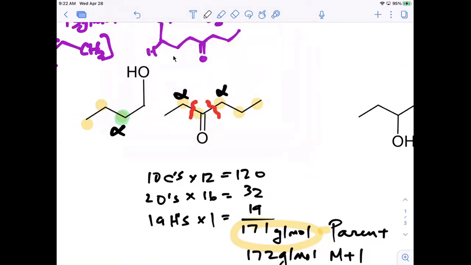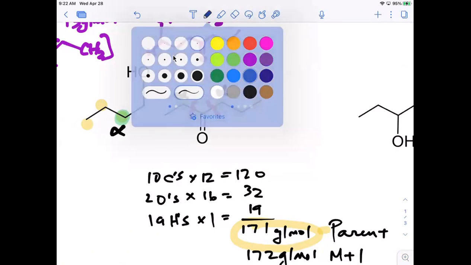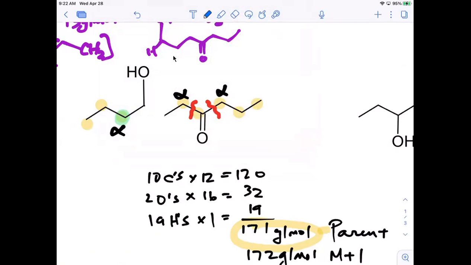You can see that, right? Those would be my 2 fragments. So I would have this, not that, and keep in mind that hydrogen is still there.